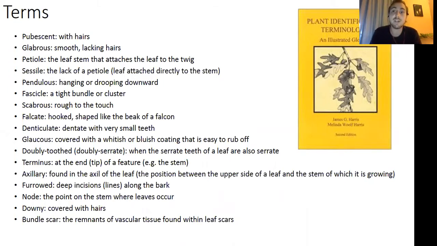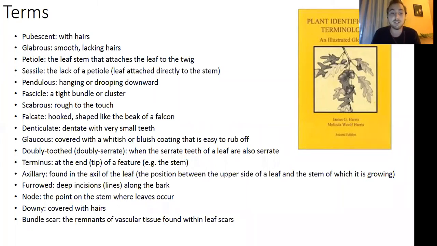But some of the terms I want to highlight for us today, which I will mention pretty frequently, are pubescent and glabrous. Both are basically opposites of each other. Pubescent means with hairs, and glabrous means smooth, lacking hairs. And then also pendulous, which just means hanging or drooping downward, as well as a difference between terminus and axillary, which I will get more into on another slide.